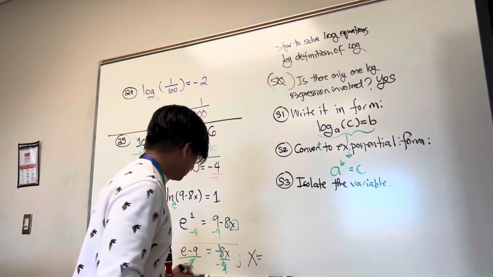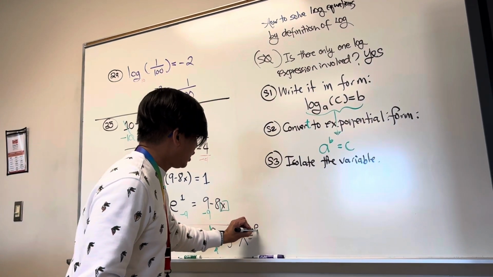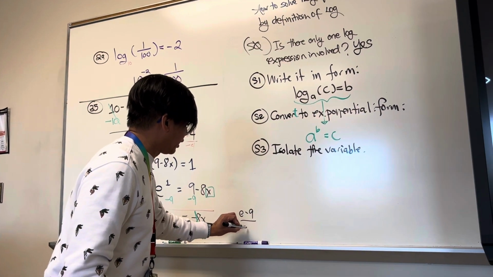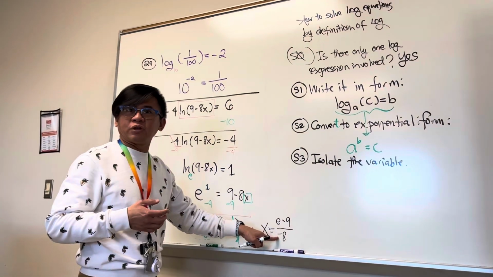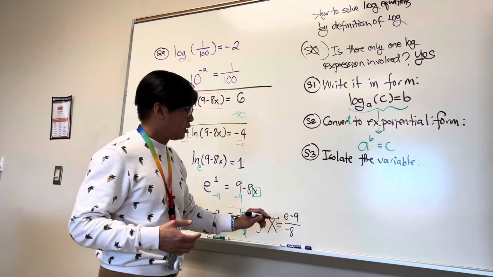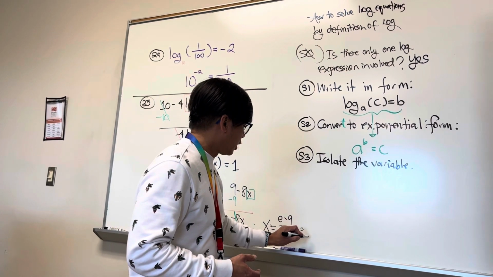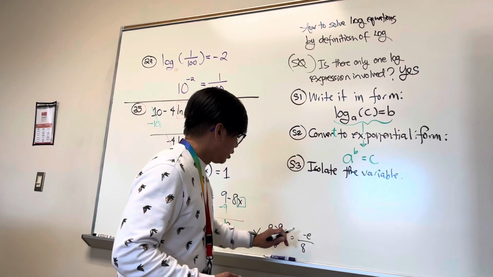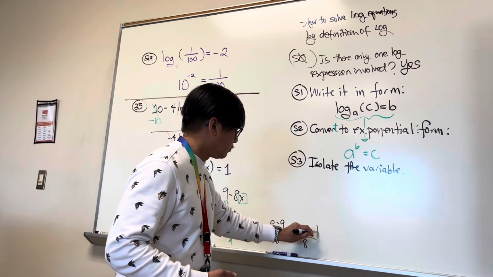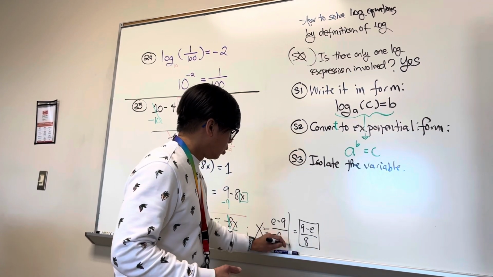X is equal to, what's this? E minus 9 all over negative 8. Okay. Actually, you see that negative on the 8? I can put it above and make it as such, right? 8 times negative E, negative 9 is positive 9, right? So either this or that, okay?